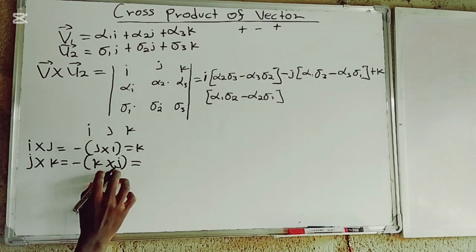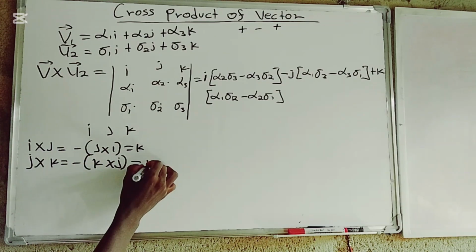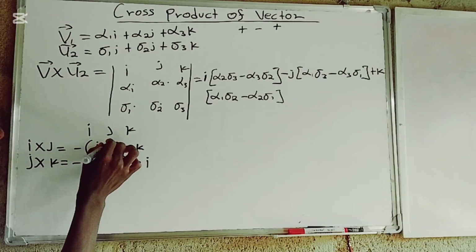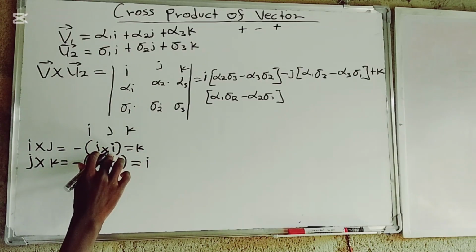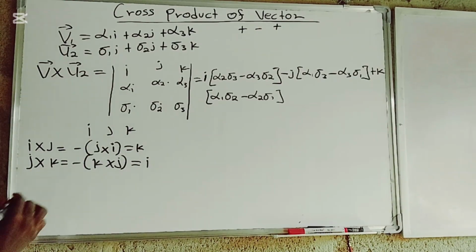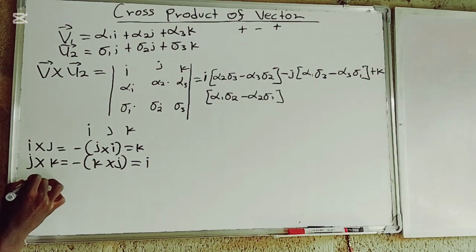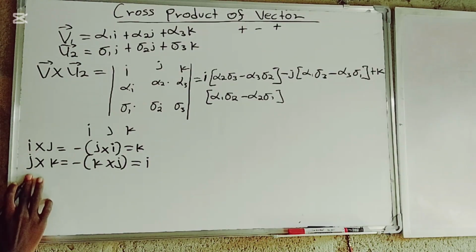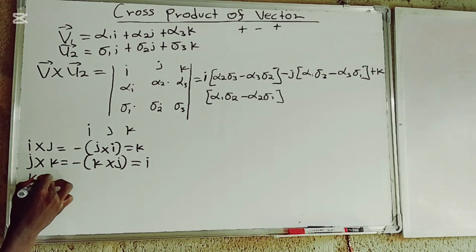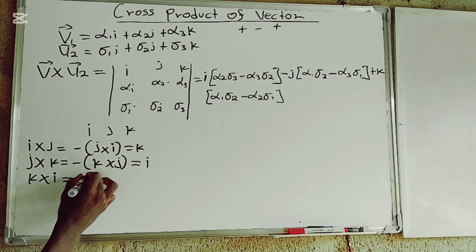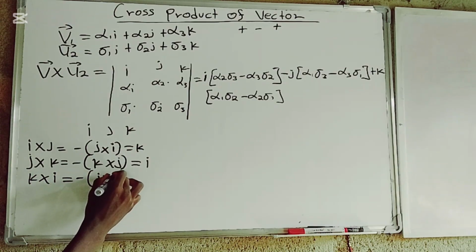we have k, we have j, the only one we are not having is i, so therefore it is i. We have j, we have i, so we are not having k, so therefore it is equal to k. And the next thing, which is k cross i, is the same thing as negative i cross k.